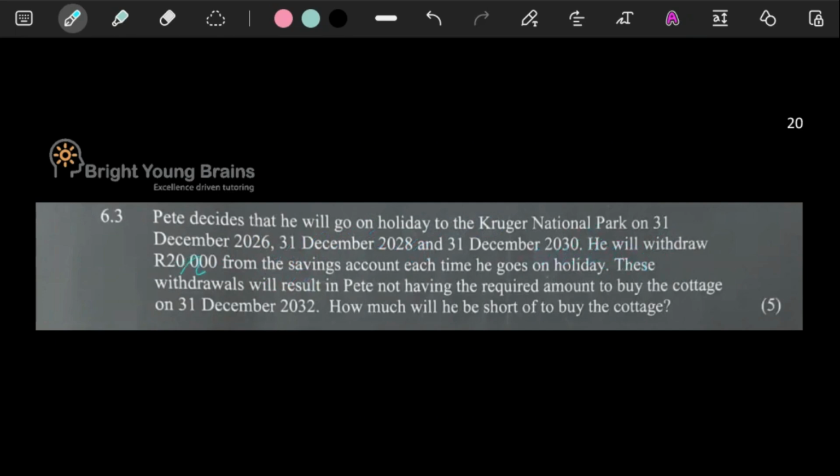He will withdraw 20,000 from the savings account each time he goes on holiday. These withdrawals will result in Pete not having the required amount to buy the cottage on 31 December 2032. How much will he be short of to buy the cottage, for 5 marks?